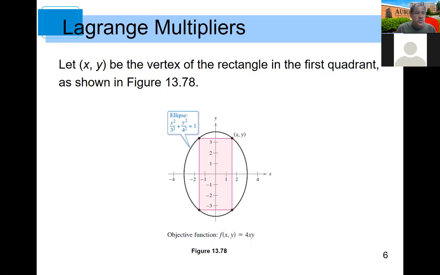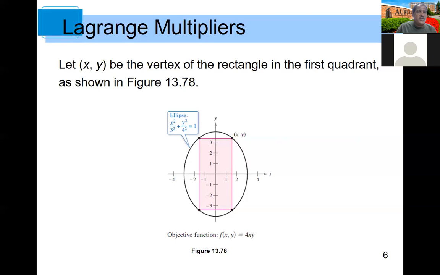So here is a situation. Let's assume that the center of the ellipse, and also the center of the rectangle, is the origin. We lose no generality by saying that. And let's consider one vertex. One vertex obviously will be in the first quadrant. Suppose the coordinates of this vertex are x and y.